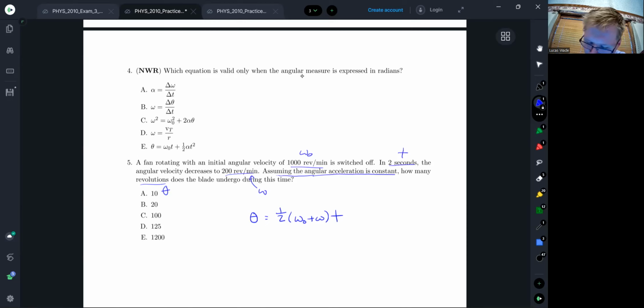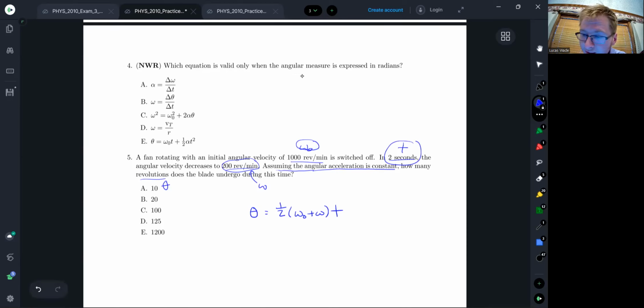So the only hiccup here is that our initial angular velocity is in revolutions per minute, final is in revolutions per minute, this is in revolutions, but time is in seconds. So we have a choice here. We could either convert the initial angular velocity to revolutions per second, and also the final, or we could just convert this time to minutes, okay?